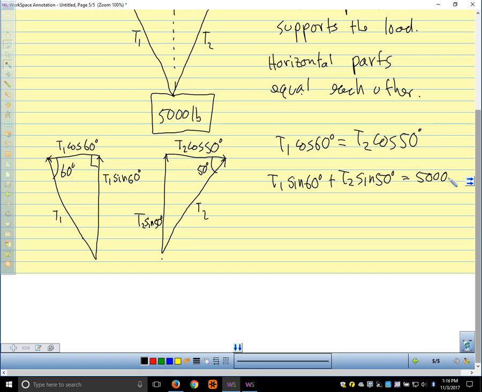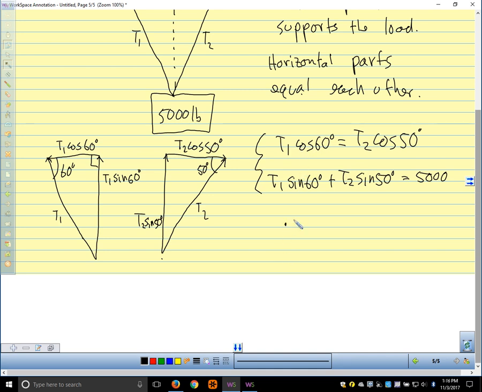So for that top equation, cosine of 60 is 0.5. So these are my equations. Do we see what we're going to have to do here? We have two equations with two variables. Going to have to either use substitution or elimination. I'm going to suggest substitution.